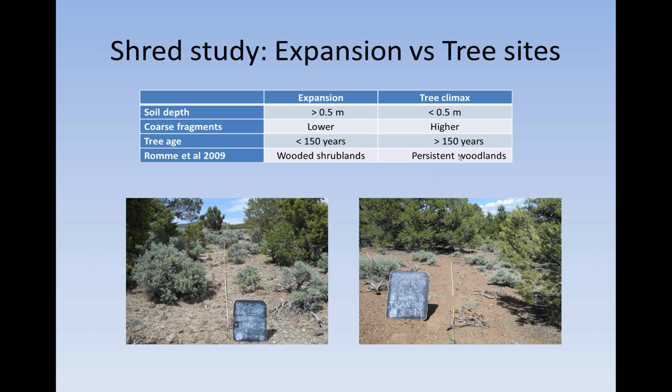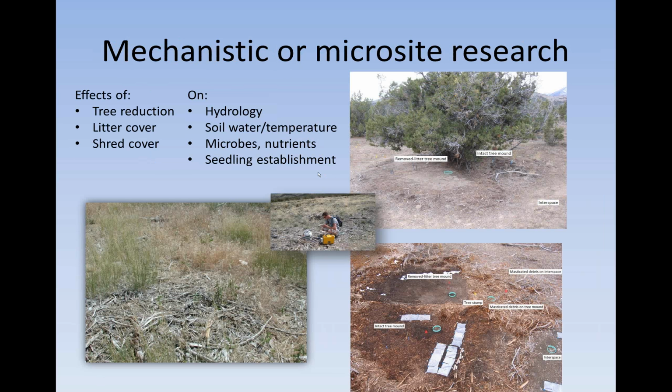But we did find some 15 of our 40 plus sites were tree climax sites and had been treated, so we did some measurements on them also. I would say that on some of these tree climax sites, you're still seeing infilling of small trees coming in and tree canopy increasing.